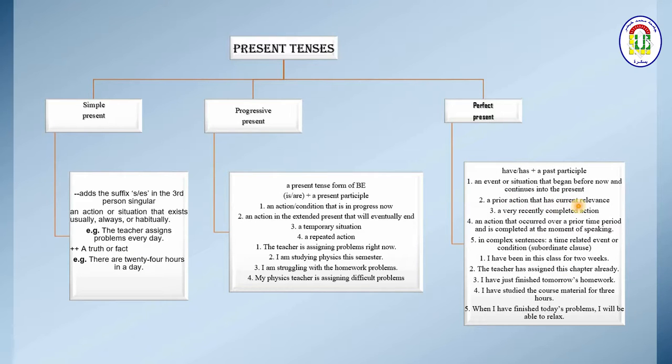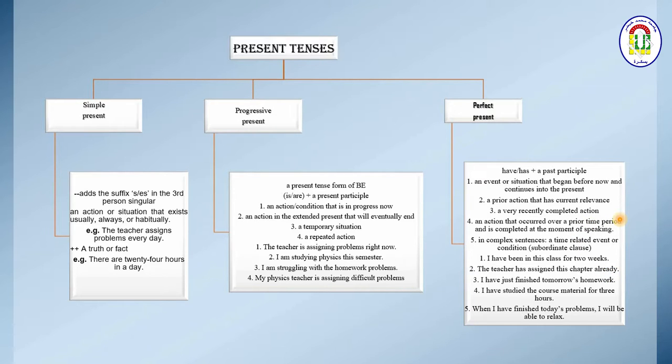Also, a prior action that has occurred has current relevance, so its effect still exists in the present time. Example: the teacher has assigned this chapter already. Its effect still exists. So now we are to do it.